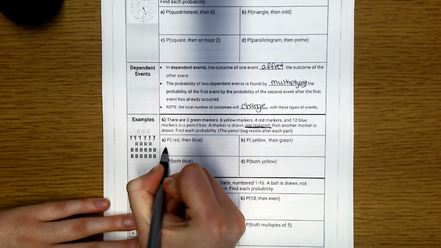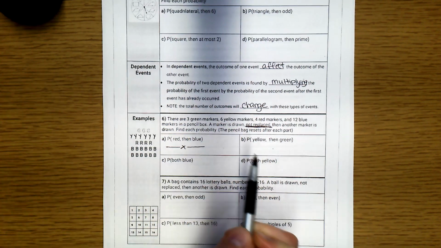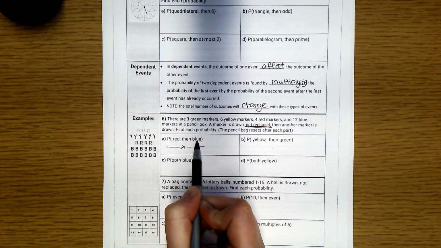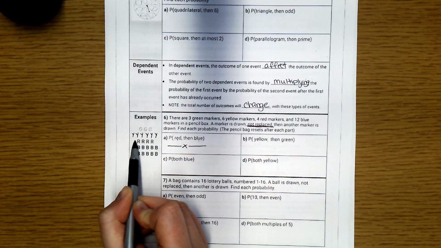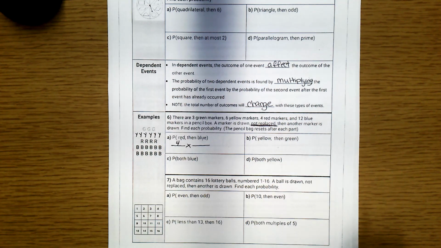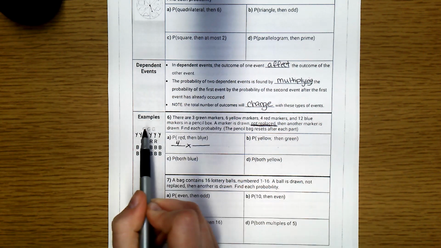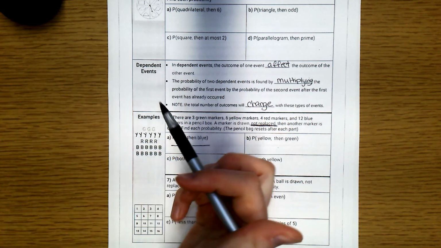So for each one of these, I'm going to have 2 fractions because I have 2 things going on. The first one, I'm doing red and then blue. So the probability of red is, how many reds are there? There are 4 reds. So there are 4 ways to get what I want for that first pull, out of a total of, we're going to add up all of our markers to see how many total there are. There should be 24.